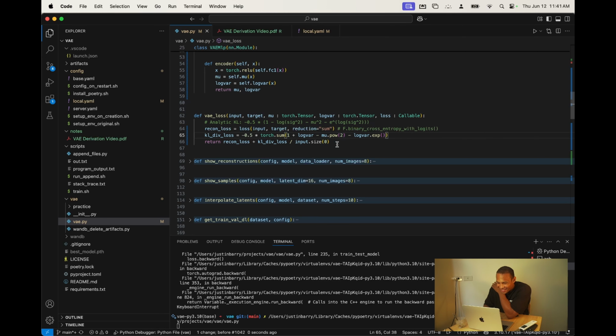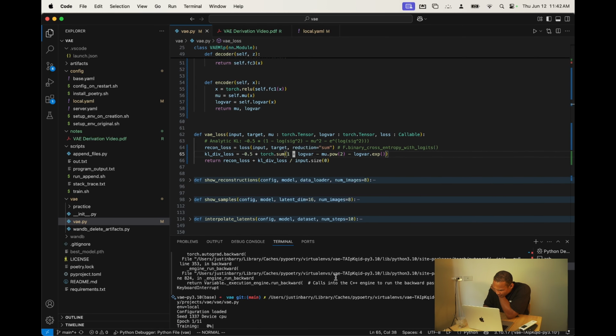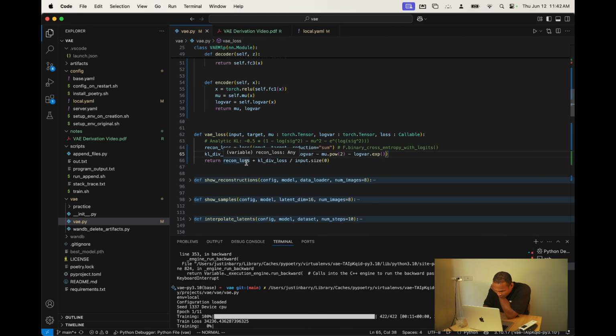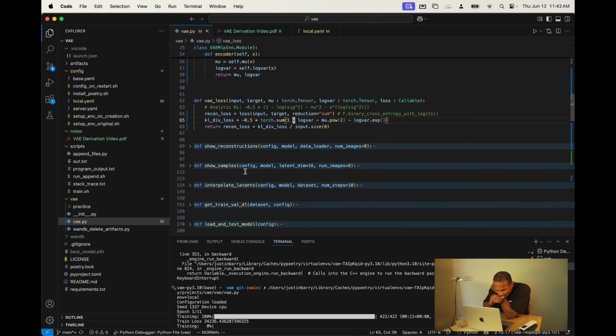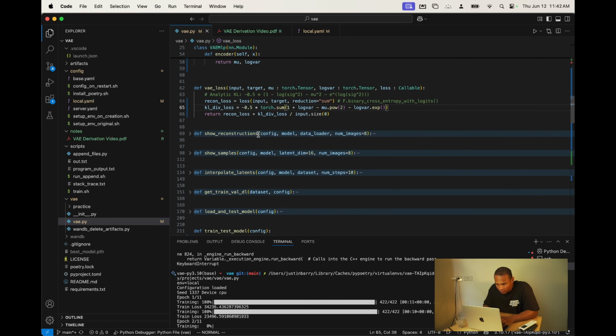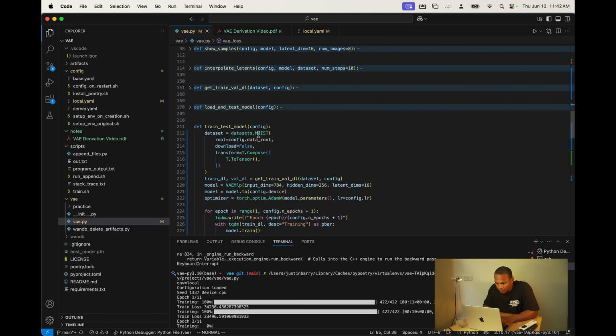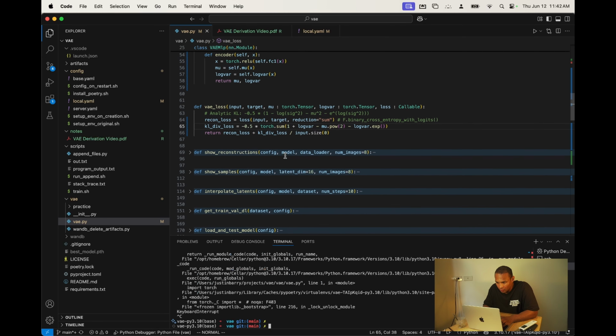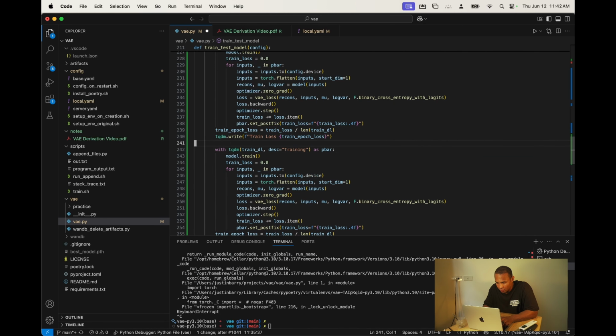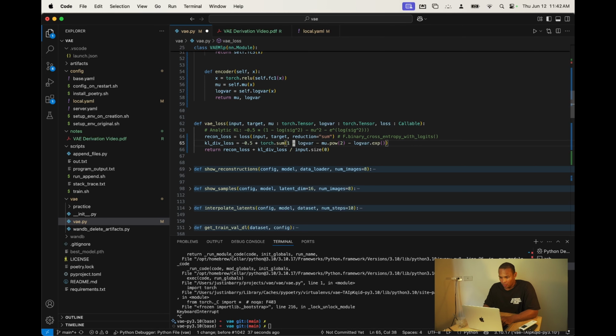I was like, these values are just a little bit too big. Yeah, this should be plus. I knew something was off.